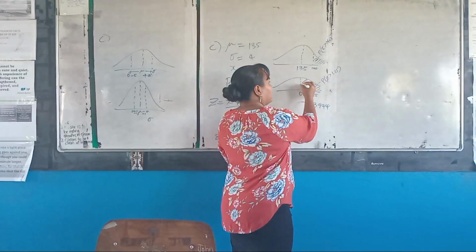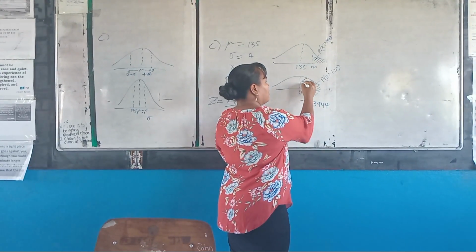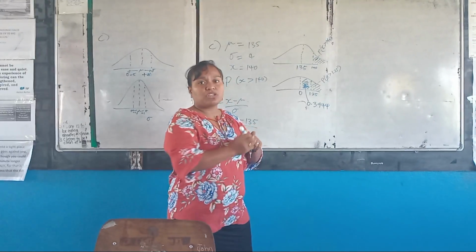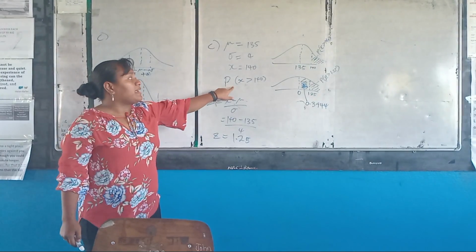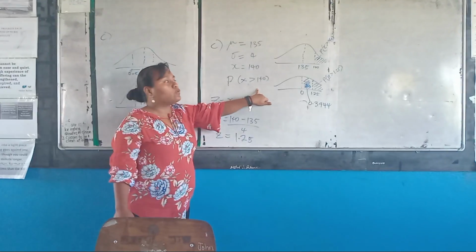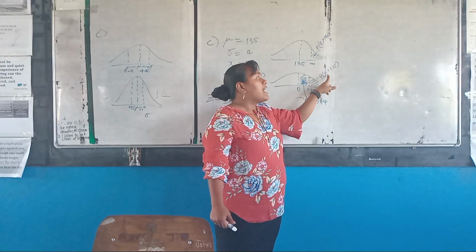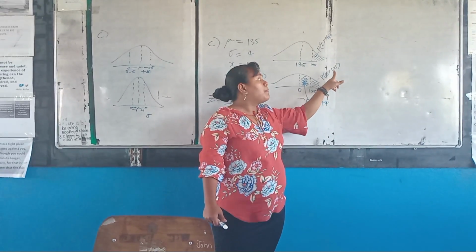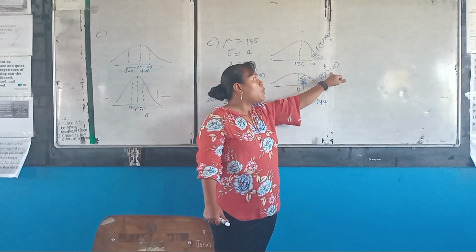It's this area. But the question tells you the probability of x is more than 140. In other words, the probability of Z more than 1.25.